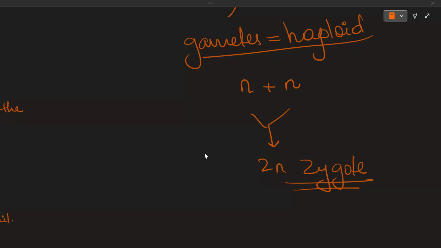Multiple fission happens in which case? What is the condition for multiple fission to occur? Can you repeat the question, ma'am? Is it there in your syllabus or not?